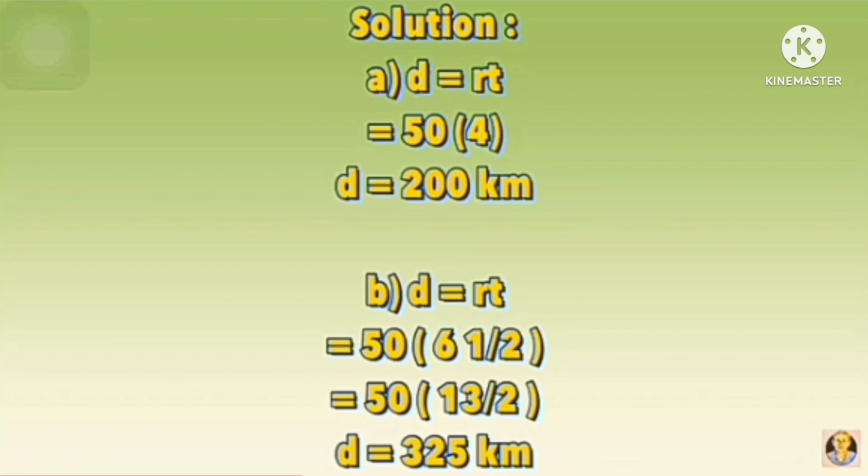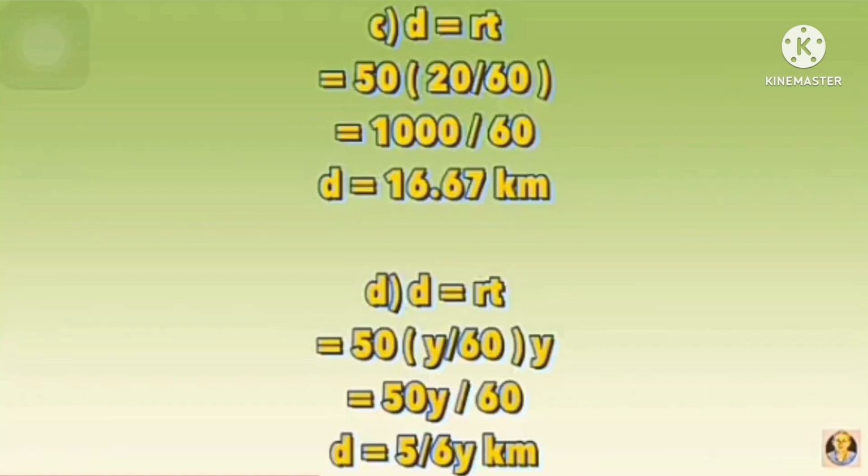And for letter C, D equals RT again, our formula. The same rate, 50 kilometers per hour, and the time is 20 minutes. We have to divide by 60 because our rate is in kilometers per hour. That's why we divide it by 60 minutes.